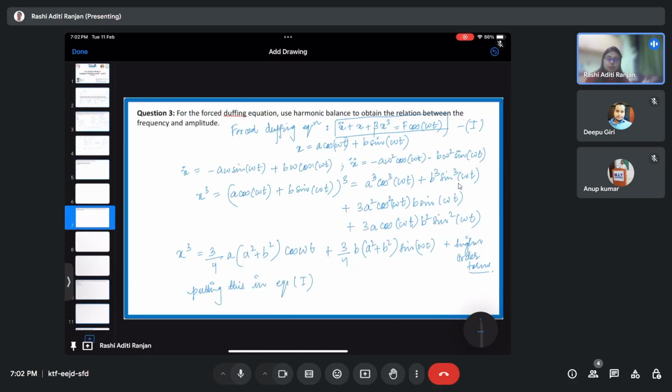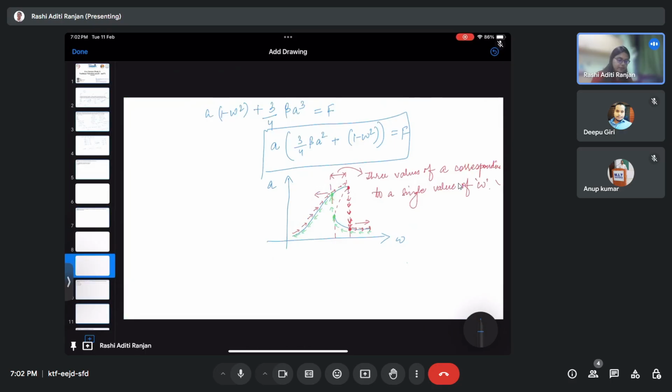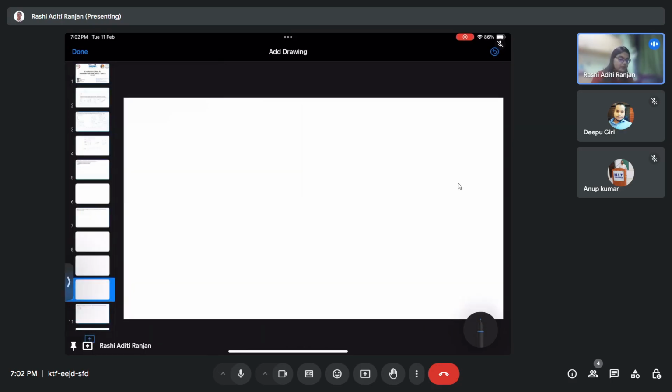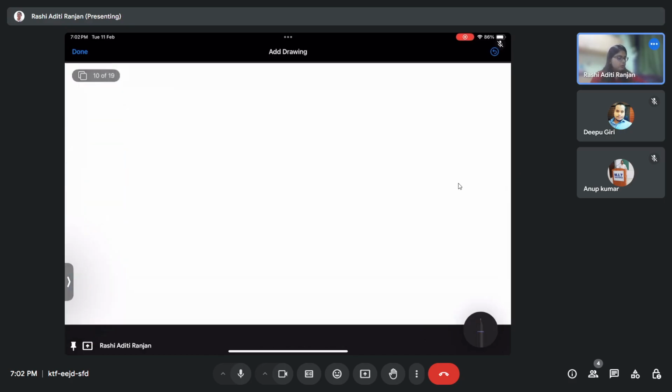Now here I have considered that my system does not have any kind of damping. Okay. What if my system has some damping? Then what will happen to the expression? If damping is present, then my expression will become something like this.